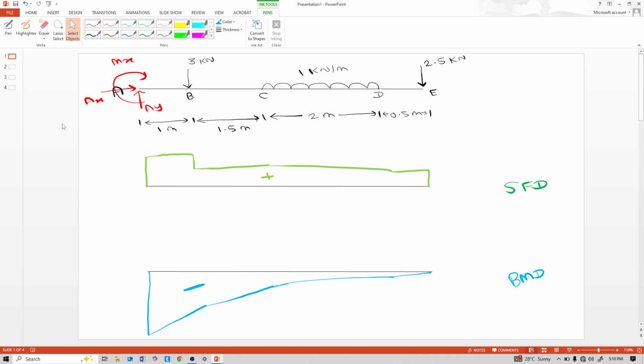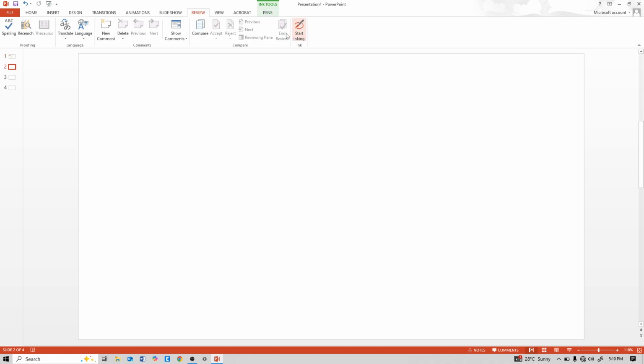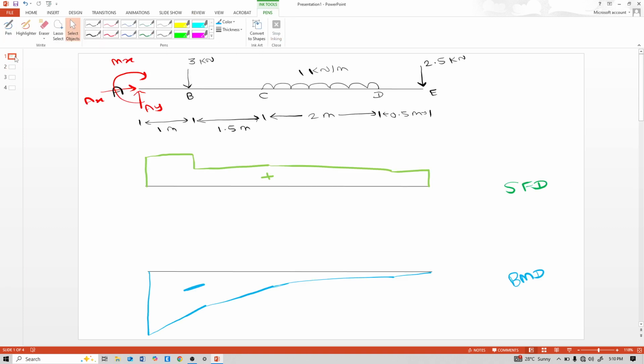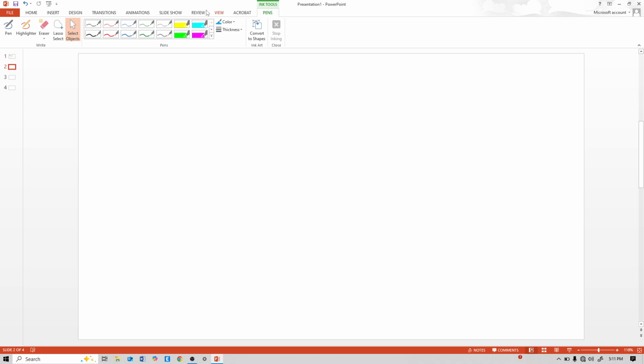Now calculate reactions first. Vertical positive, downward negative.